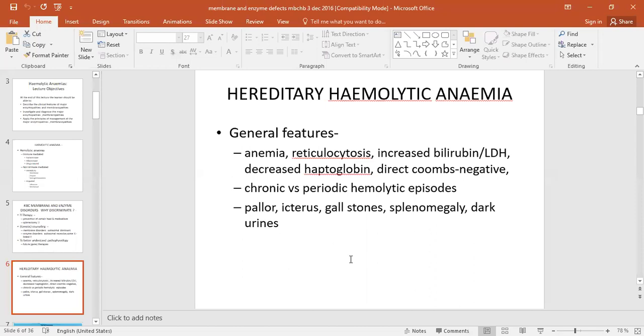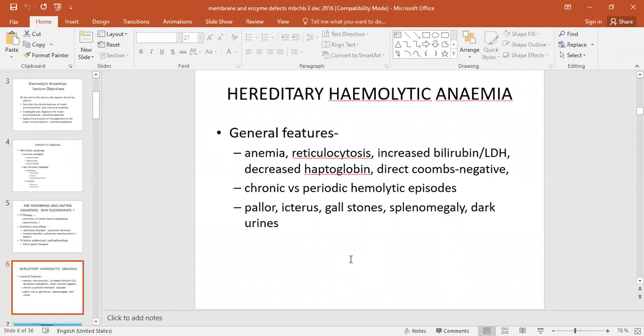Because of the destruction of the red cell, you would also tend to find an increased bilirubin level. And the question might be, is it going to be direct bilirubin or indirect bilirubin? I think these are things you can start looking into so that you can distinguish the various types of hemolysis.